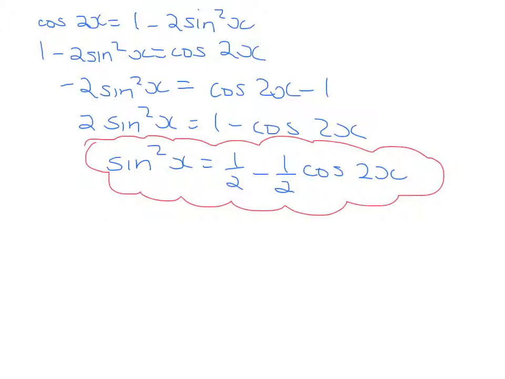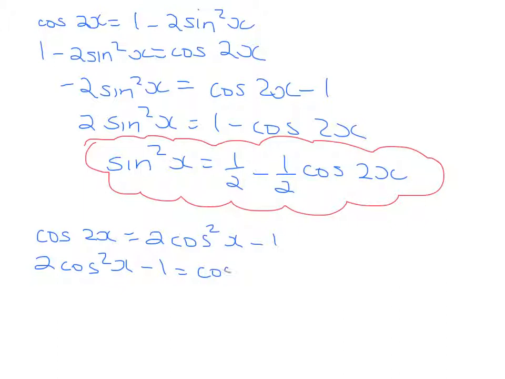And the second one, go back to blue, was cos 2x equals 2 cos squared x minus 1. So we're going to make cos squared x the subject. So 2 cos squared x equals cos 2x plus 1, and then divide by 2.